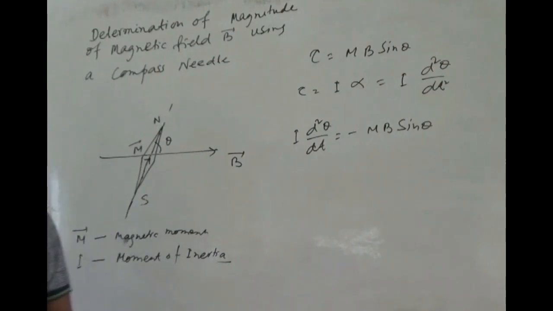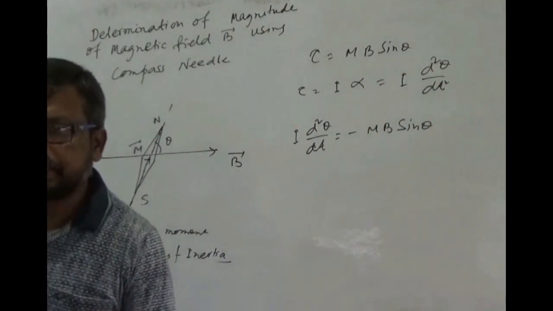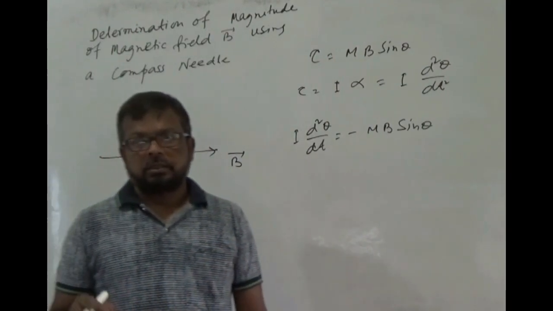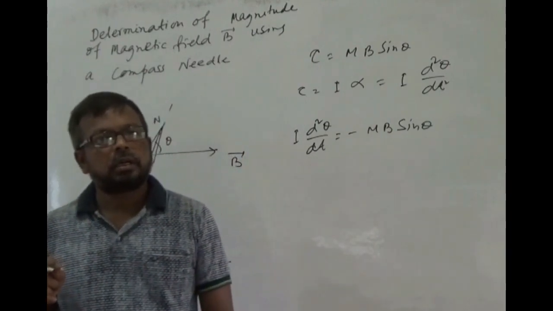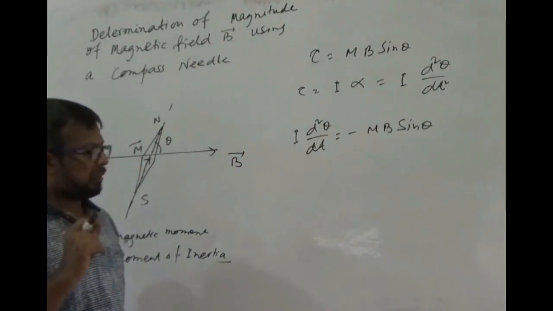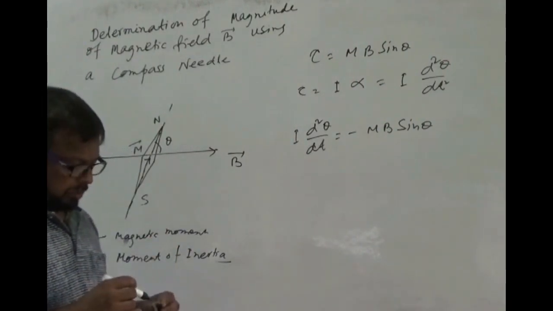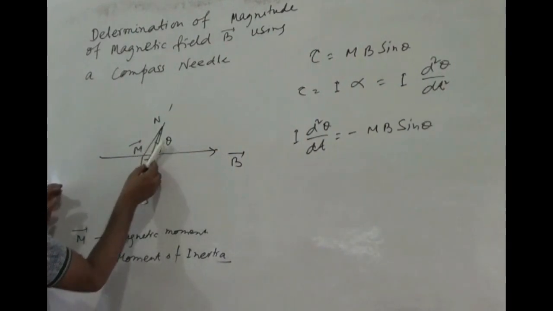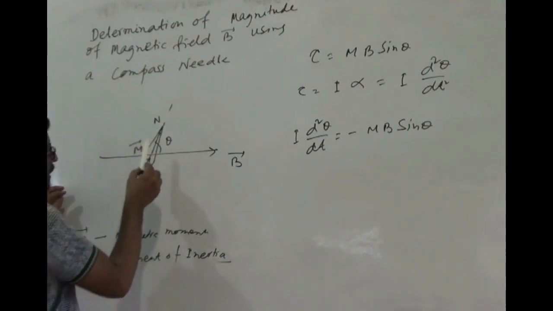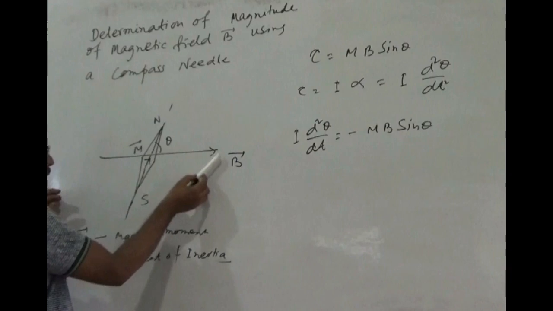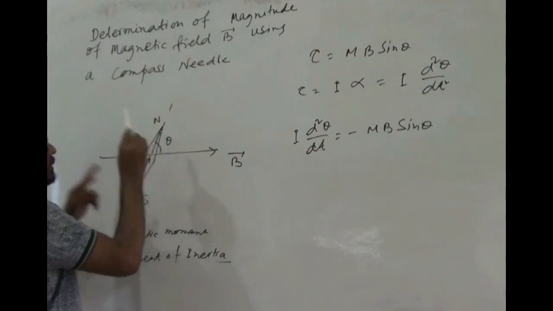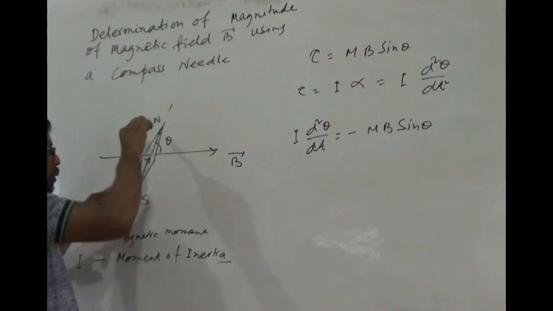Why is this minus? Because this negative sign indicates that the restoring torque acts opposite to the direction of the displacement of the magnetic dipole or magnetic needle. See here, if we displace the magnetic needle so that it makes an angle theta, then the torque acting on it tries to rotate it in this direction.